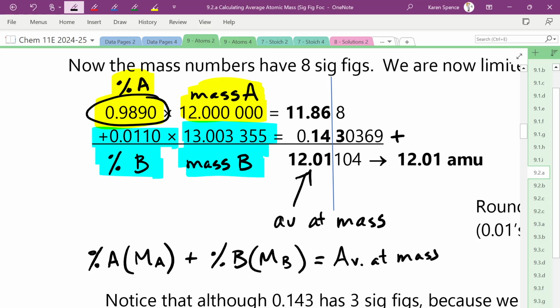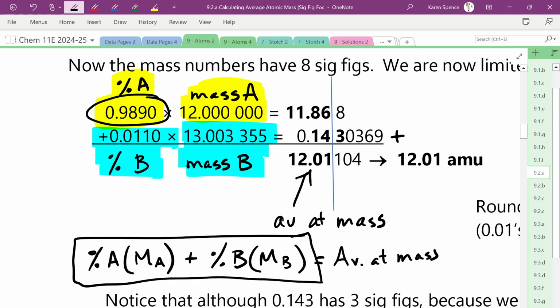Is that good? So in the problems that you've done previously in the summer and a couple days ago, you were given all of these numbers and asked to find the average atomic mass. Yeah? Now we are giving you the average atomic mass and saying, please find the percentages.